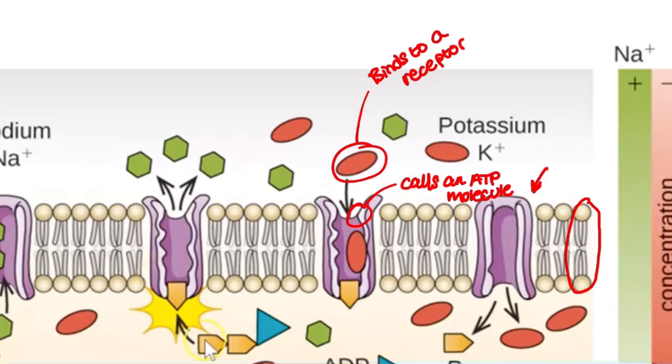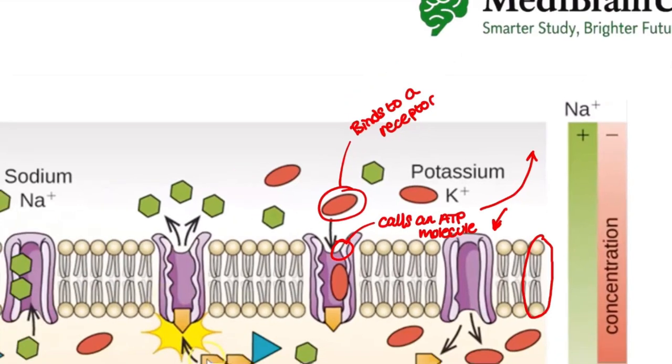Now, this ATP is going to be hydrolyzed into ADP and Pi. So ATP converts into ADP and Pi. And when it converts into ADP and Pi, this phosphate group is going to attach onto the membrane.